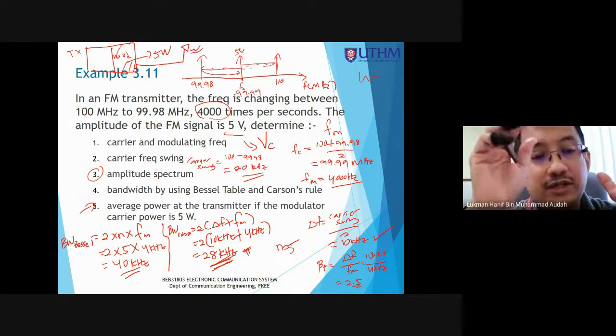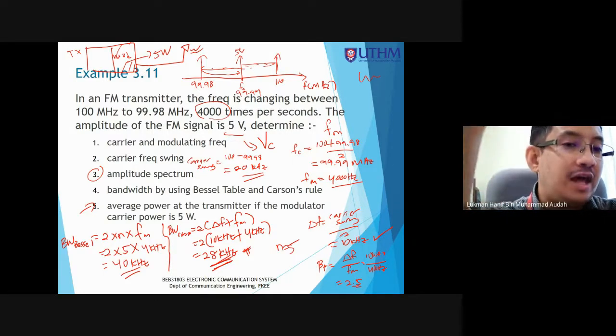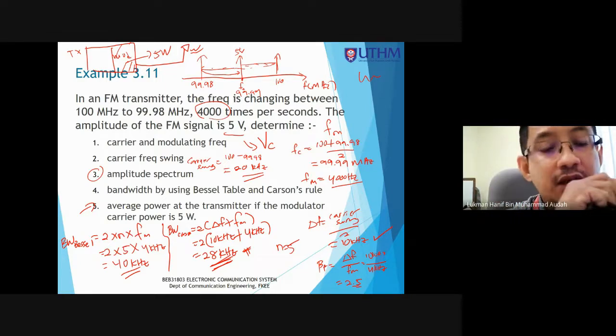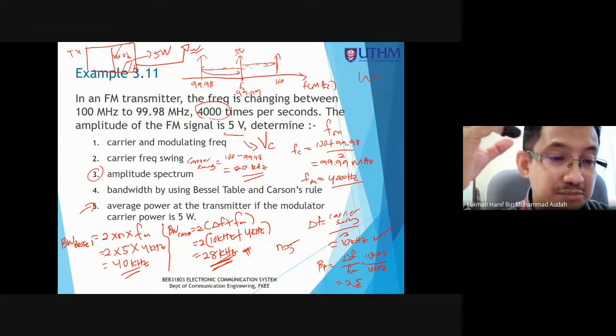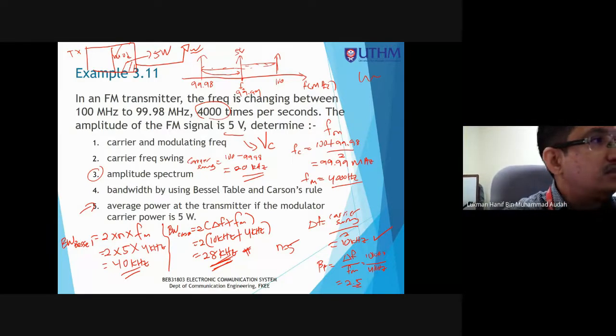The total power that we calculate is actually the power that we supplied to the antenna. So the total power here is the transmitter power, the whole transmitter. So that means P transmitter or P total.